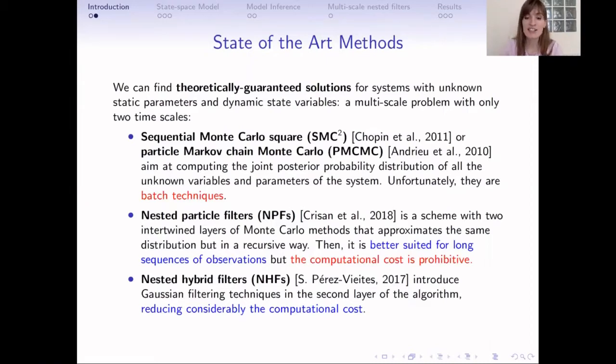In any case, the computational cost is still prohibitive, so we can use nested hybrid filters that take the idea of the nested particle filters, but introduce Gaussian filtering techniques in the second layer of the algorithm, which reduces considerably the computational cost. So the idea of the multi-layer algorithm is based on these nested hybrid filters, using a different layer for the different time scales we have in the system.